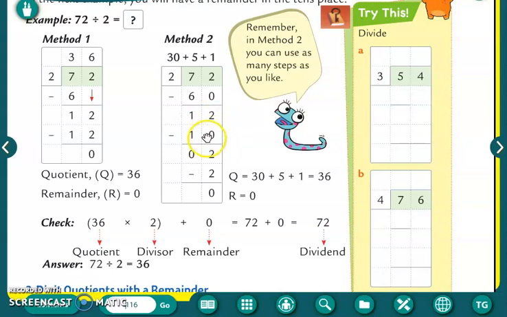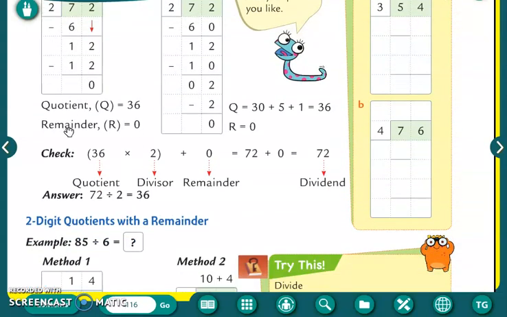Then we have to write here 10, because 2 fives are 10 and again 2 is left, then again we have to write 2 ones are 2 and the remainder is 0 and the quotient is 30 plus 5 plus 1. So the total quotient is 36. Like this you can do the second method also, but I think method 1 is very easy for all of you. You can do it very easily.